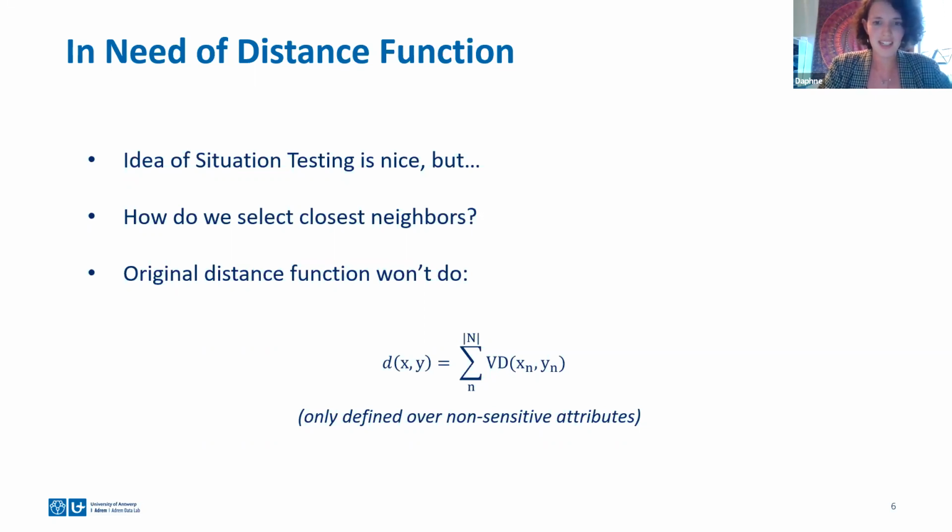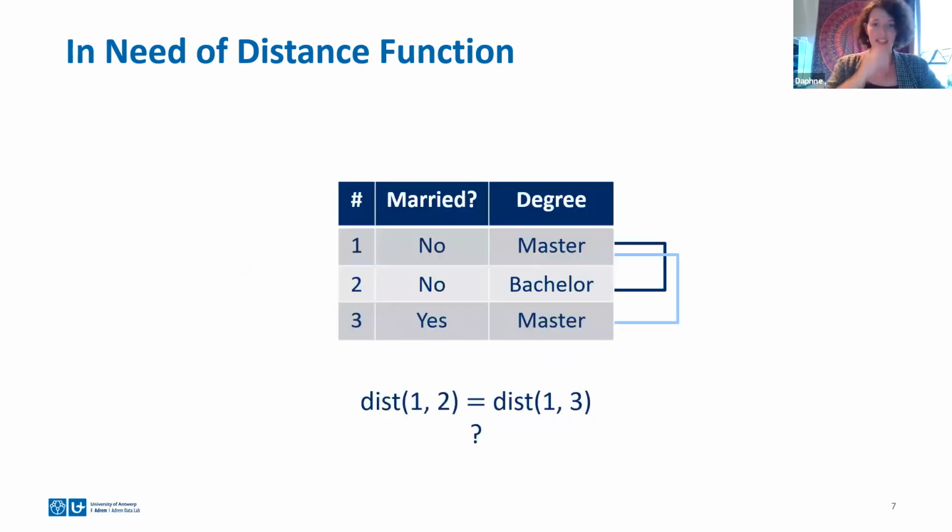As I told you, this distance function is a bit simplistic, and I'm going to show you why. Firstly, let's say we have a situation like this. Again, we have a data set about people who want to apply for a job.